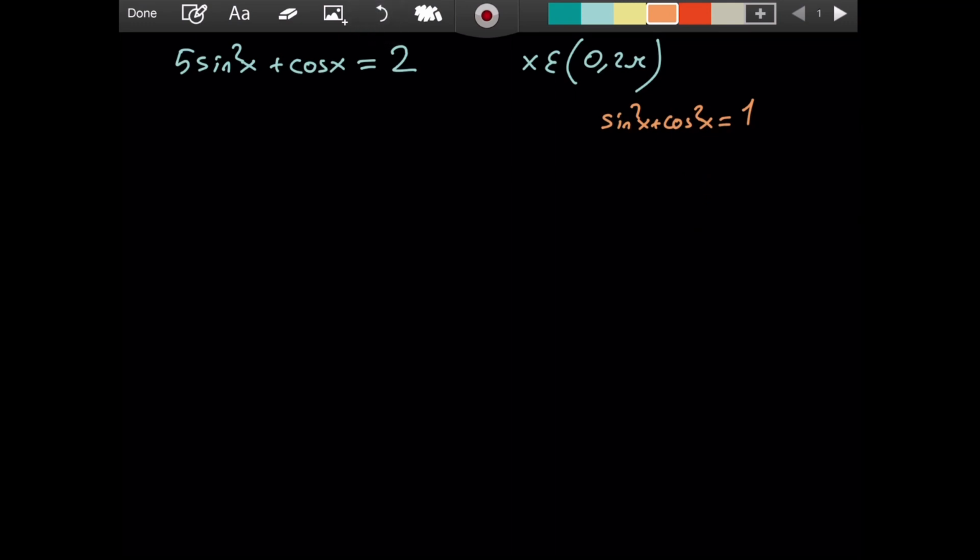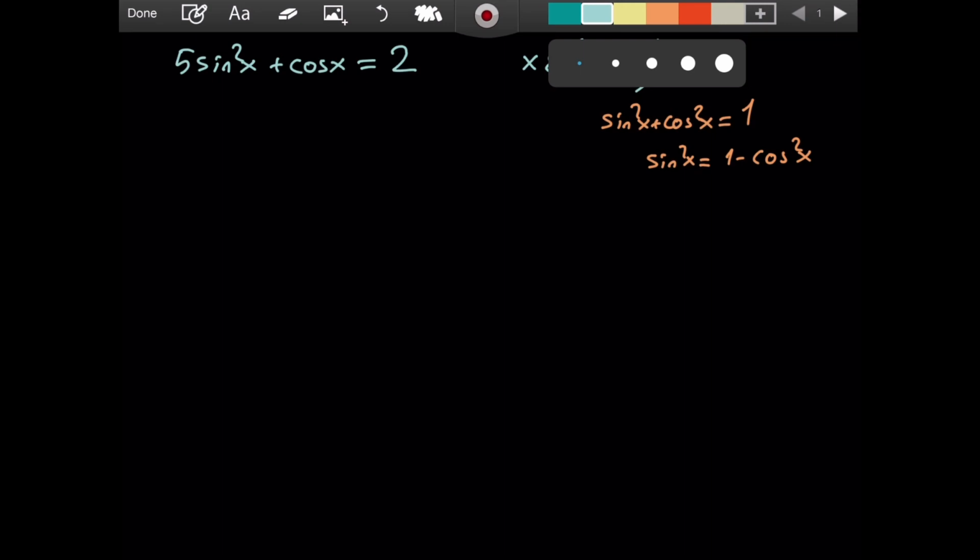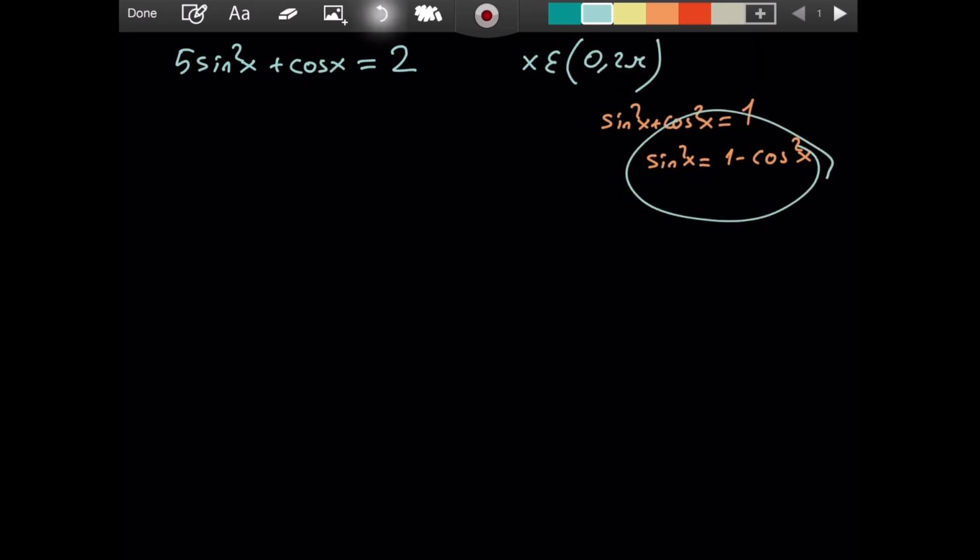So, with that being said, what is sine squared x then? It is sine squared x equals 1 minus cosine squared x. And now we're just going to substitute this here. And let me just distribute the 5 as well. So we have 5 minus 5 cosine squared x plus cosine of x equaling 2.